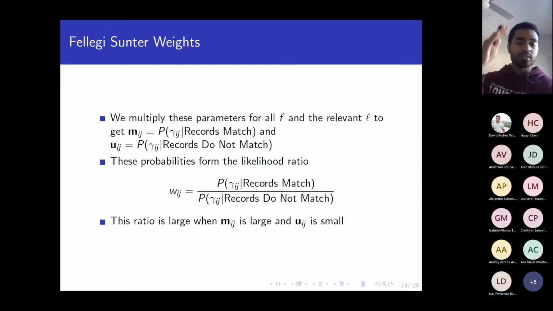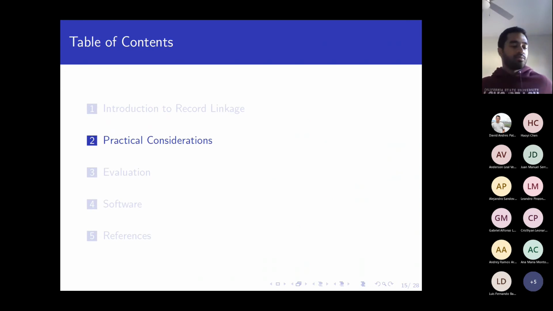But if Mij is close to 1, then below, we want that number to be very, very small. We want big numbers on the top and small numbers on the bottom. And that's going to give us really high evidence that we should call a record pair a match. So that is most of the rigorous mathematics.